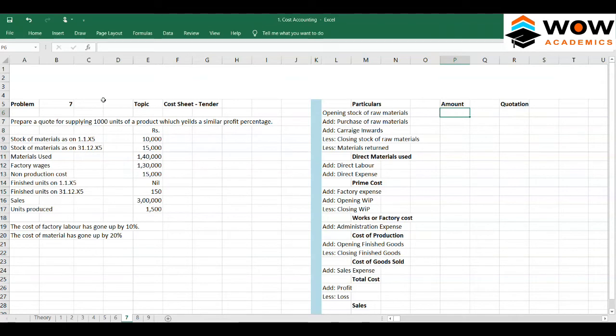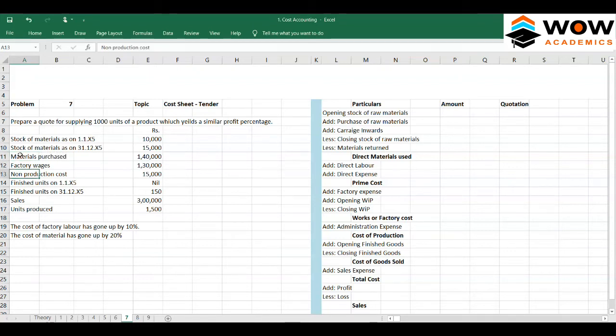The numbers that they have given are: opening stock of raw material, closing stock of raw material, and materials purchased. I think it would be materials purchased, somewhere it is wrong.